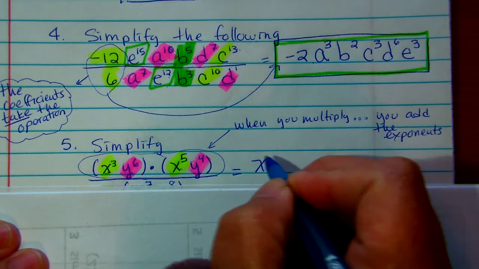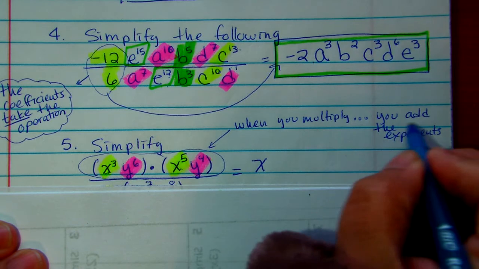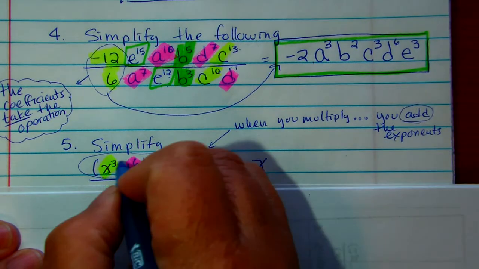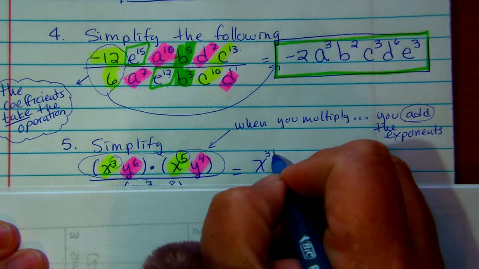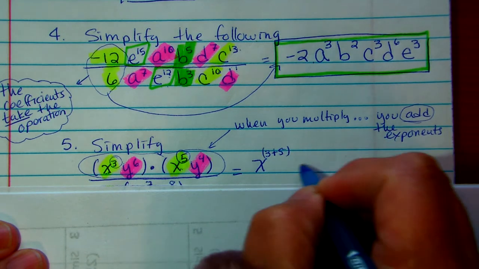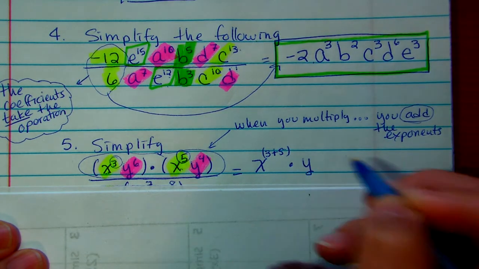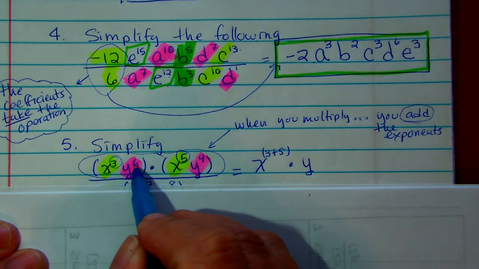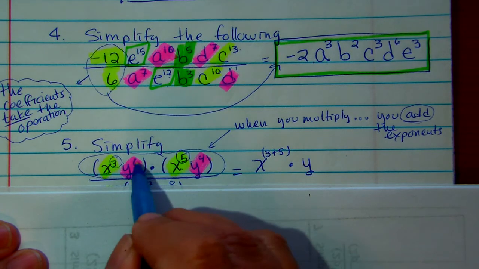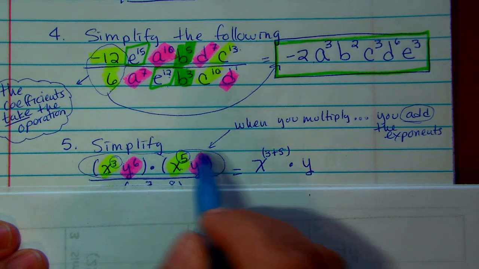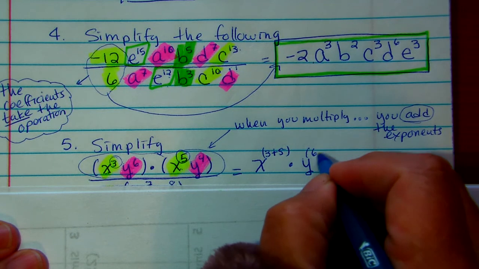With the x's, you're going to add the exponents. So you're going to add 3 plus 5. I'm going to put them right here. 3 plus 5 times the y. For the y, they're multiplying. So when you multiply, you add the exponents. So you're going to add 6 plus 4.